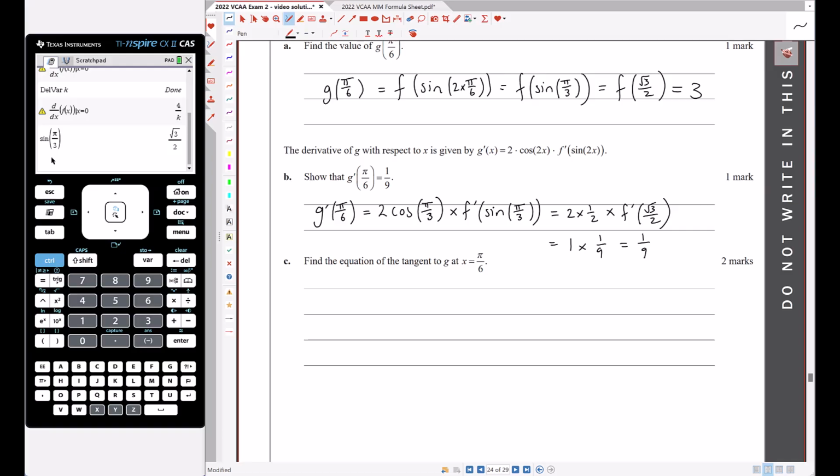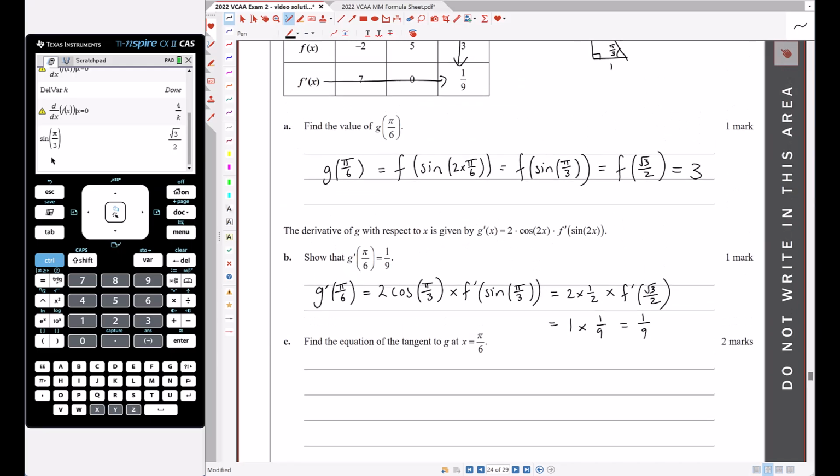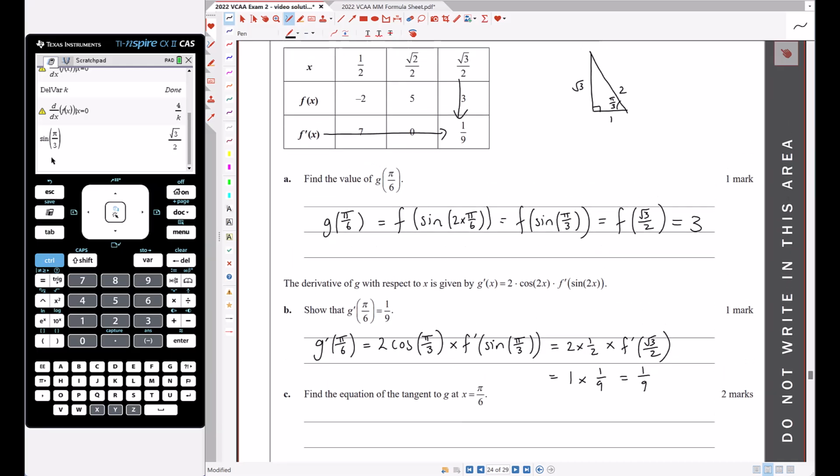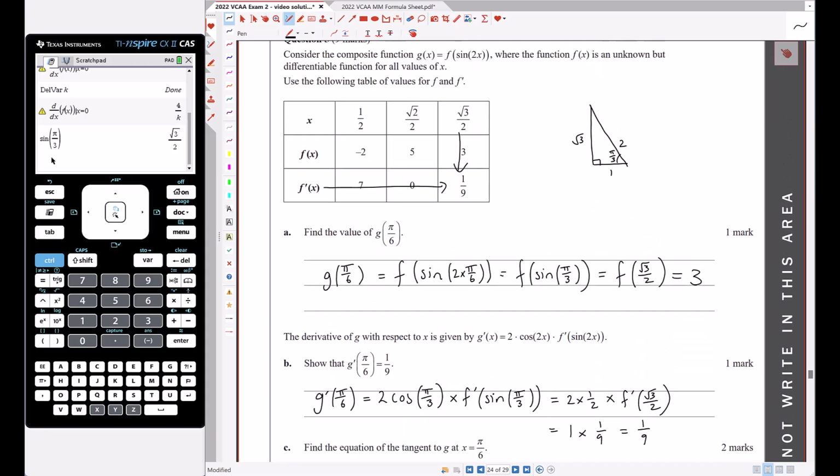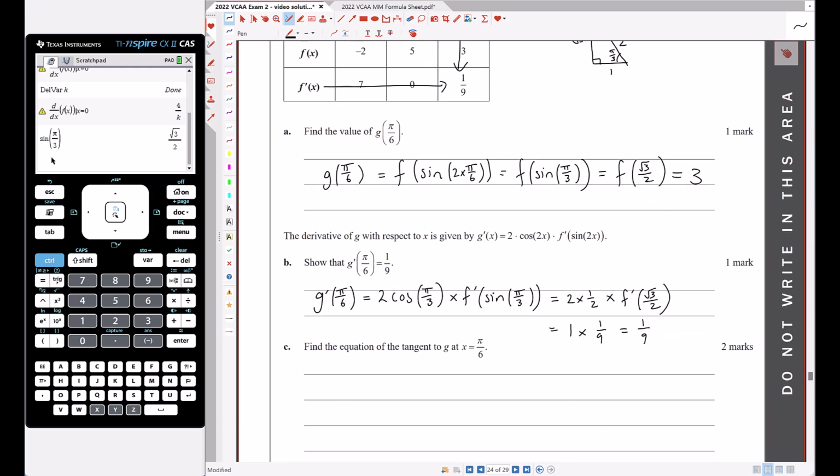Find the equation of the tangent to g at x equals pi on 6. For the equation of the tangent, obviously we can't just use tangent line in our CAS because we don't actually have this function, we don't know what f is. So we need the gradient of g at pi on 6, which we just found in part B. The gradient of the tangent is g dash at pi on 6, which is 1/9.